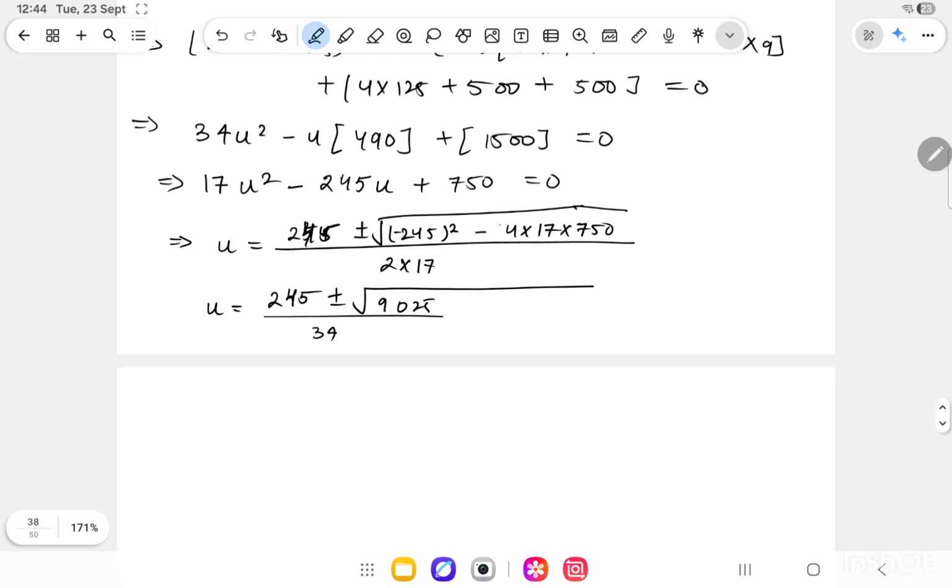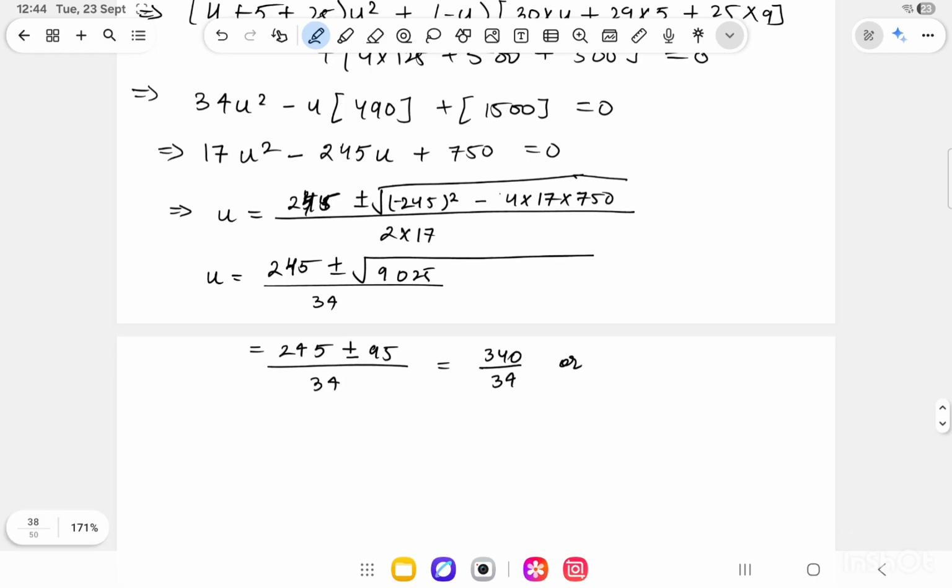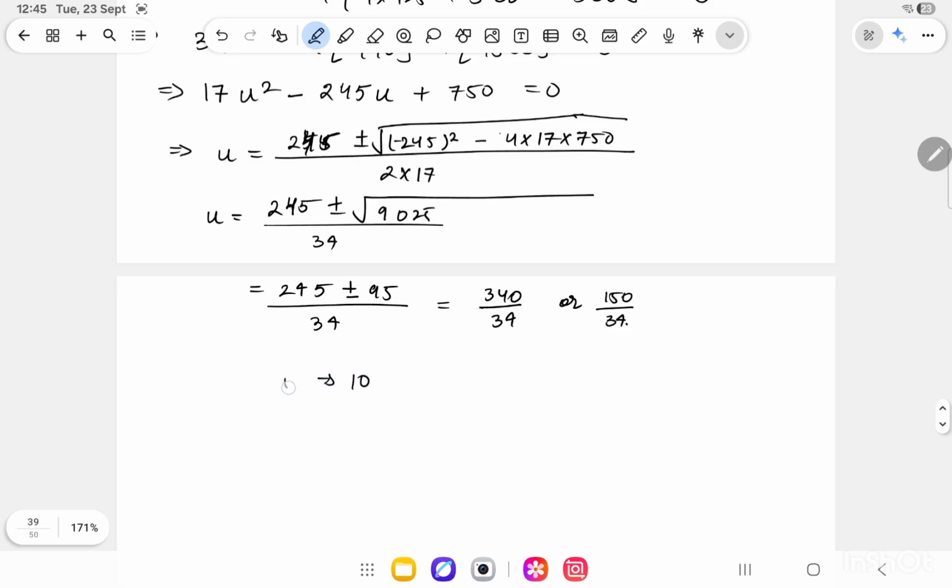So that gives us 245 plus minus under root 9025, that is 95, divided by 34, which is equal to 340 by 34 or 150 by 34. So that basically gives us either u is equal to 10 or u is equal to 75 by 17.